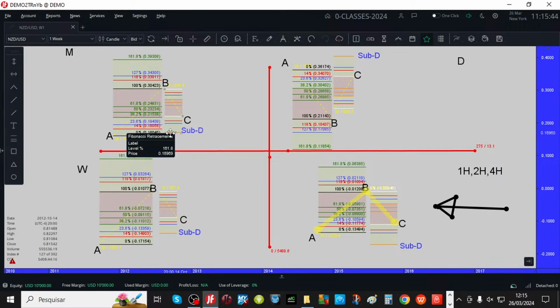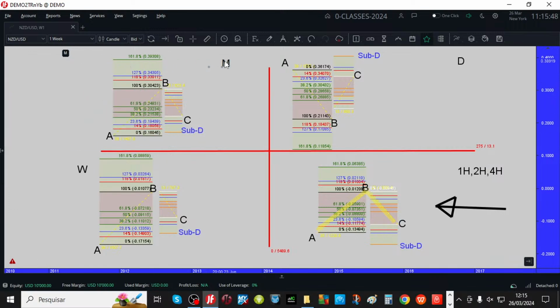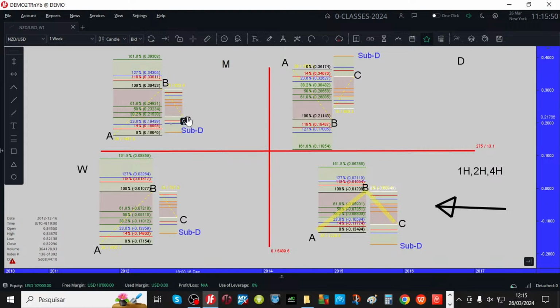Because this sub D is still inside the AB boundary of the monthly chart, this C is not confirmed. If you would choose to buy the 1 hour, 2 hour, 4 hour chart from the multiple time frame, you are entering a 50-50 percent chance.